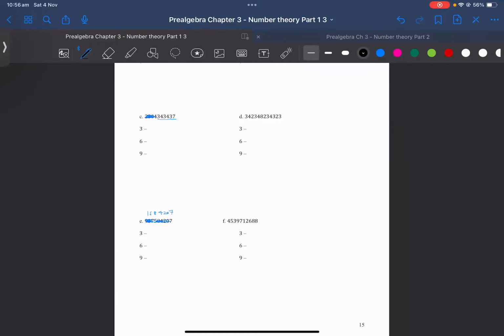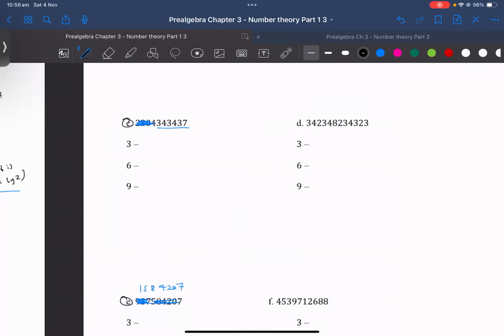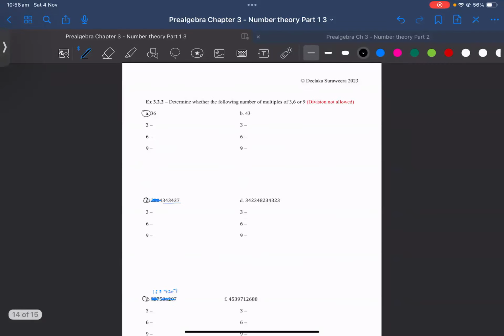Do A, C and E, but because I think the numbers are a bit too big, I made it a bit smaller. Do A, C and E, and just send me the answers on chat. The numbers haven't changed because I felt like they were a bit big before.